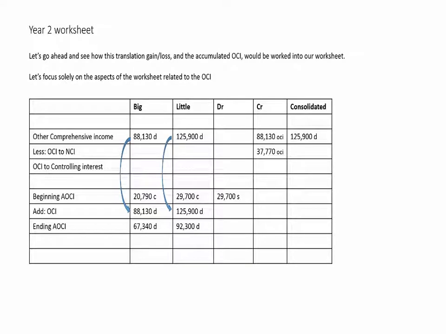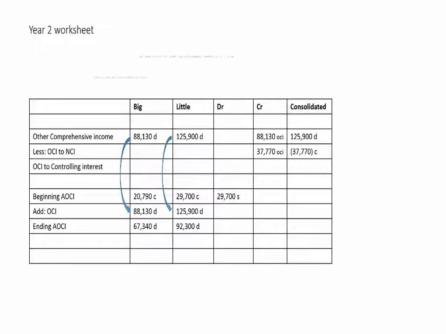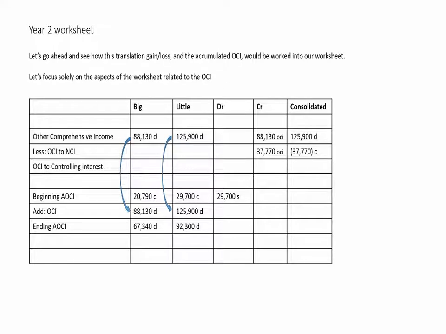Okay, so let's go ahead and add across to get the consolidated totals. Again, other comprehensive income, we've eliminated the parent's or Big's other comprehensive income, so we're left with Little's, which represents the total translation gain or loss. There's a $125,900 translation loss this year, of which we allocated $37,700 to the non-controlling shareholders.